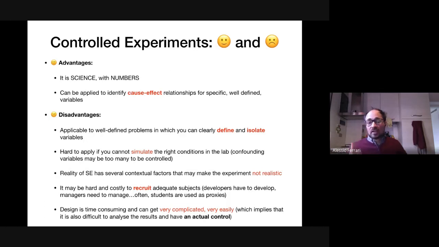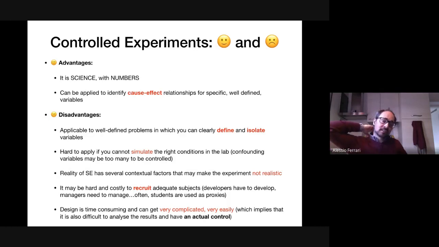Either for learning something, either because this person is forced, but you don't want that, of course, or because you give them a kind of soft reward, or because they learned something from the experience. So you have to carefully consider this when designing the experiment and thinking about recruiting.